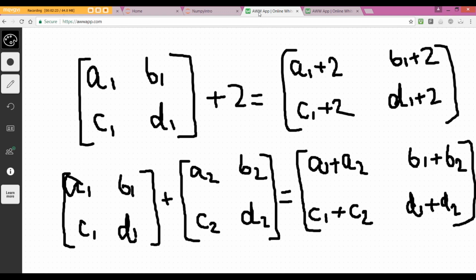In scalar addition, the scalar or the constant is added to all the elements of the matrix. So it's the same as it happens in the vector, but obviously a vector is a one-dimensional entity, whereas in a matrix we end up adding our constant or scalar to all the elements present in the matrix the way you see.